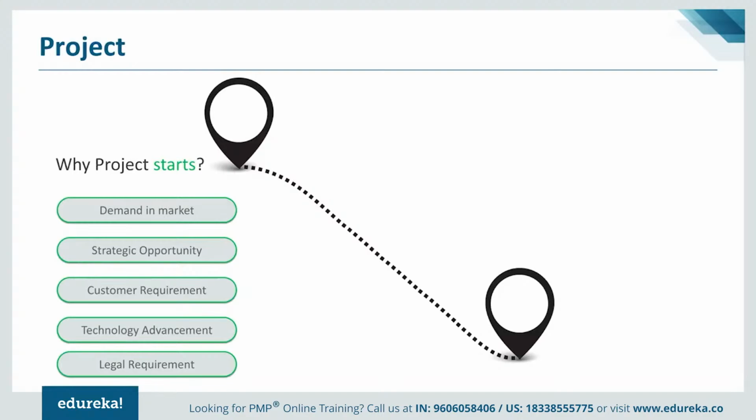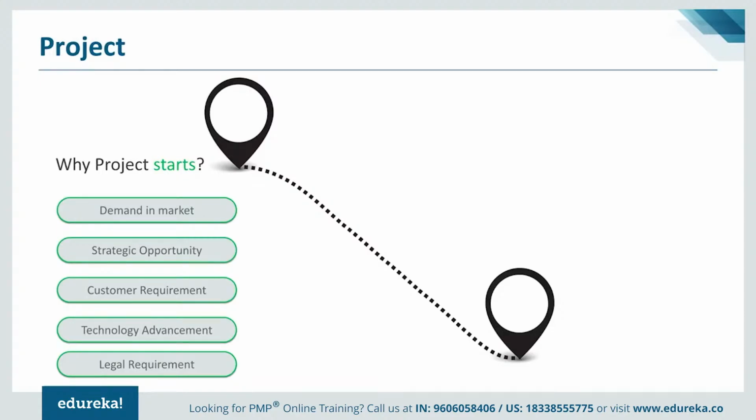Projects are also undertaken if there is any change or advancement in technology. You may have seen it a lot, typically in IT projects, teams changing the entire technical landscape from one technology architecture to another, maybe because it then becomes much easier to maintain, easier to scale, and easier to stabilize.